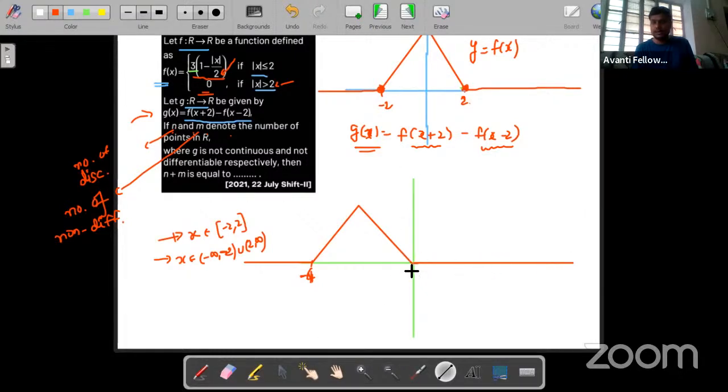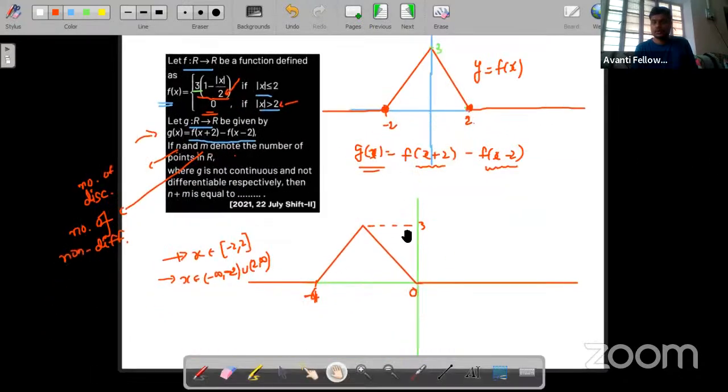So this is my complete graph. This is x equals 0. This is 3 we were getting initially, right? Okay, so what is this? This is the graph of y equals f(x) plus 2.